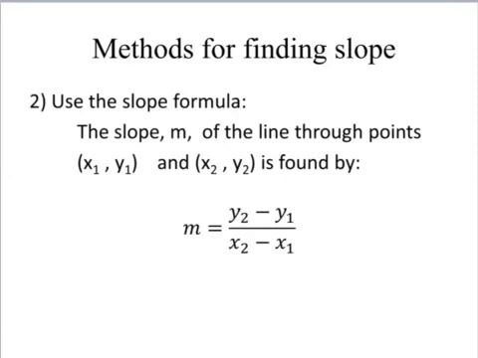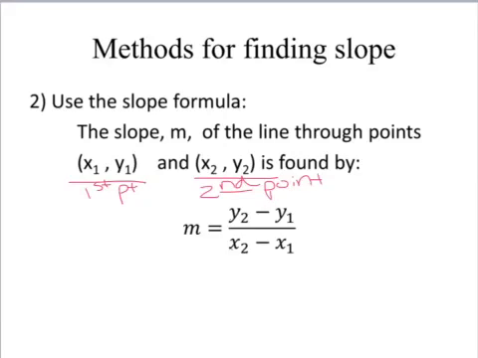So just to be clear, x1, y1 just means the first point, and x2, y2 would be the second point. Okay, so y2 minus y1 is the second y minus the first y, and then x2 minus x1 is just the second x minus the first x.